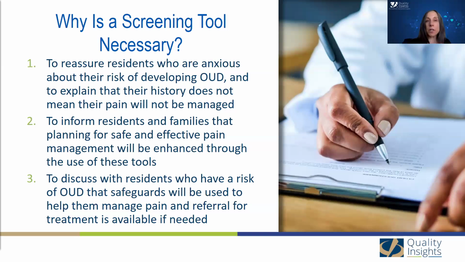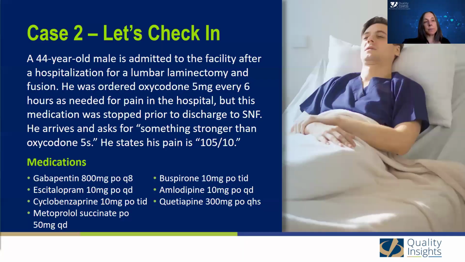So it's important to communicate these things. And then to discuss with residents who have a risk of opioid use disorder that safeguards will be used. And then, the resident might say, I really appreciate that you're doing this, because I wasn't aware that I was at a high risk of developing opioid use disorder, and I don't want that. So we really empower our residents by using these tools.